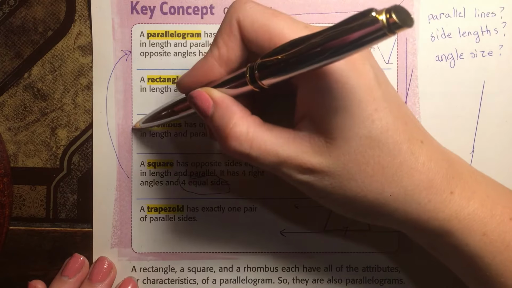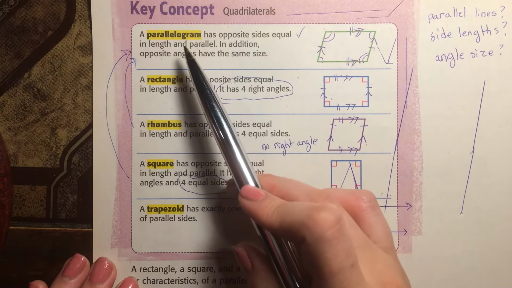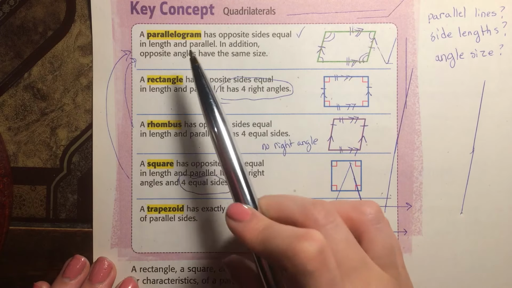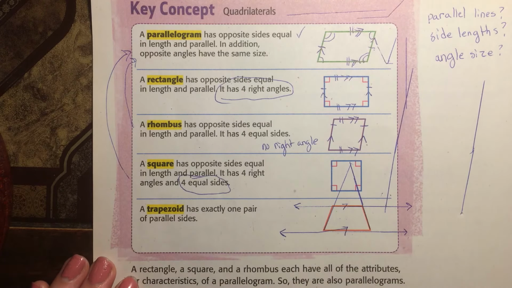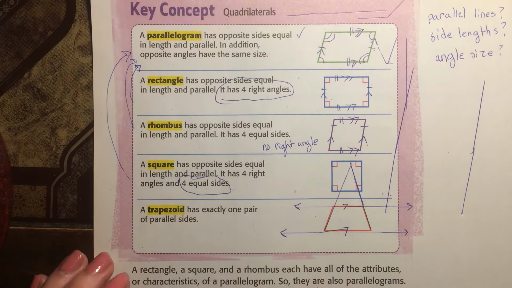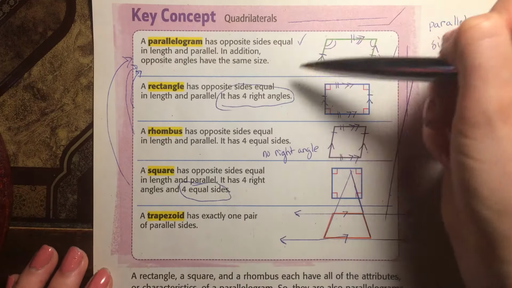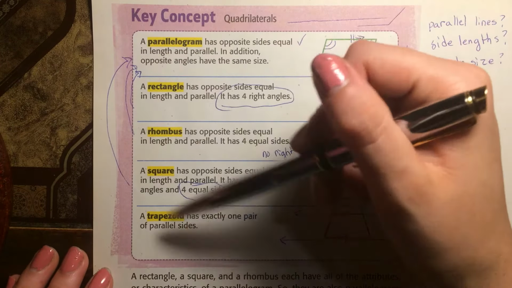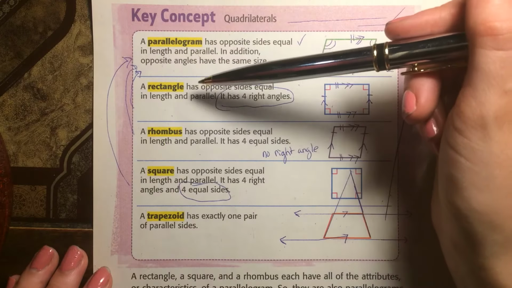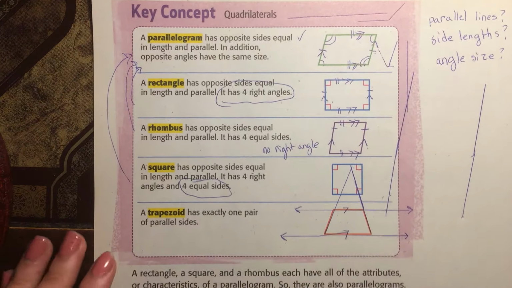And a rhombus is also a parallelogram because it has this: opposite sides equal, parallel, opposite angles have the same size. And also a rectangle. So they all kind of count as parallelograms. It's almost like a parallelogram is kind of the parent. But just because you're a parallelogram doesn't mean you're a rhombus, doesn't mean you're a square.